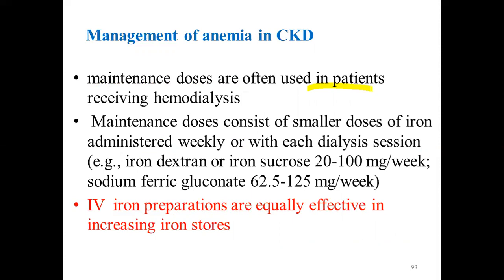Remember, there is a lot of loss of iron during dialysis, so we need to give a maintenance dose. Mostly, iron sucrose is administered weekly during the dialysis session, 20 to 100 milligram per week, but mostly a 100 milligram weekly dose of iron sucrose is commonly recommended.